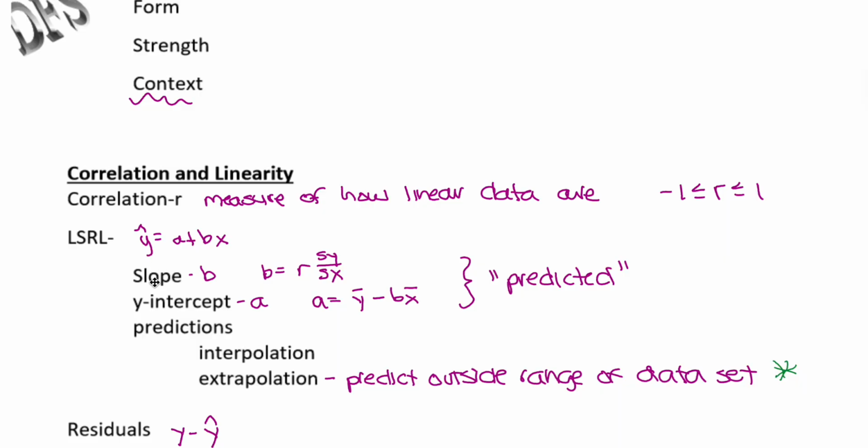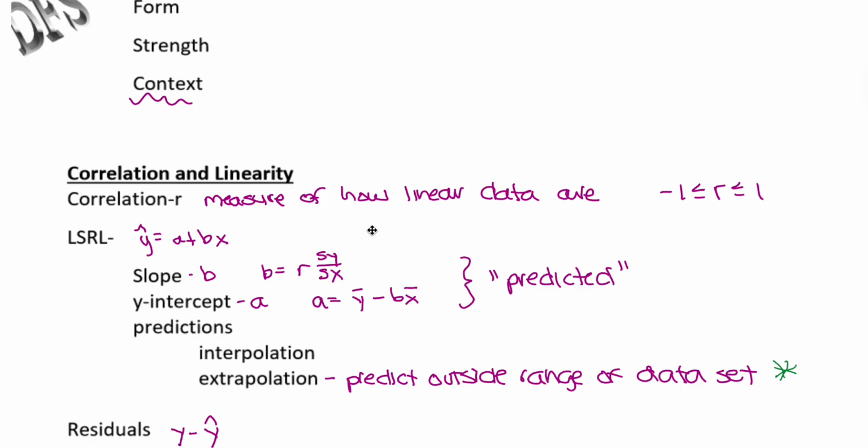So slope is b, and remember this is also a formula on your packet, but it's not a bad idea to remember it. b is equal to r times s sub y over s sub x. Most of the time, the question will give you those three variables and ask you to find b, and you just use this formula.